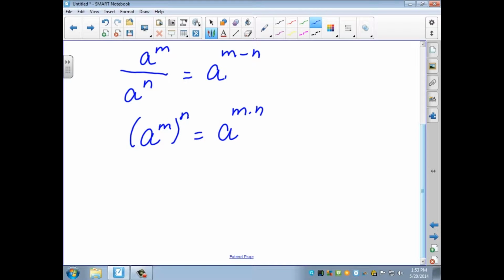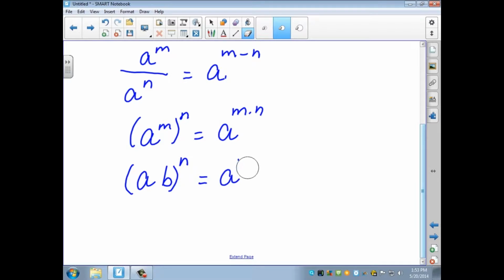Another property, if you have a times b to the n power, you can separate these as a to the n power multiplied by b to the n power.